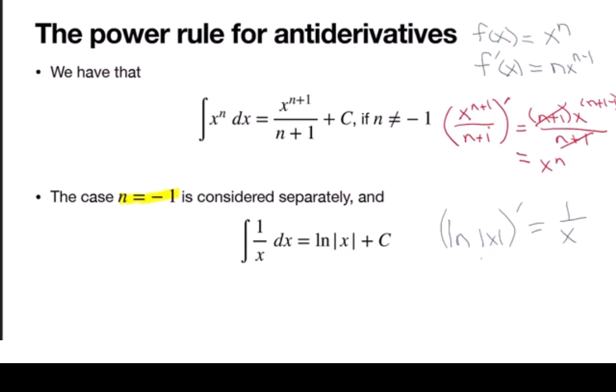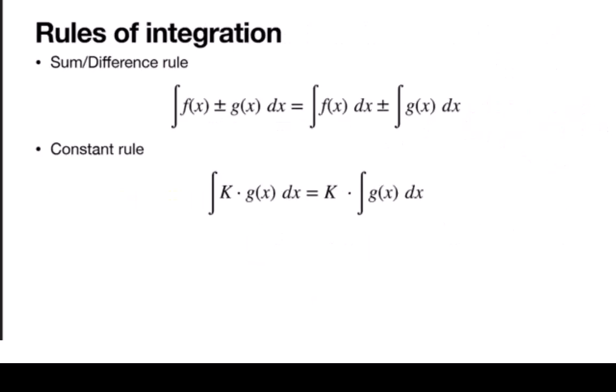We have this special case where when we integrate 1 over x, we get the natural log of x. Remember, we're going backwards. And always notice we're adding c. We're adding c because the derivative of a constant is always 0, so I wouldn't know if there was some constant there before I integrate.